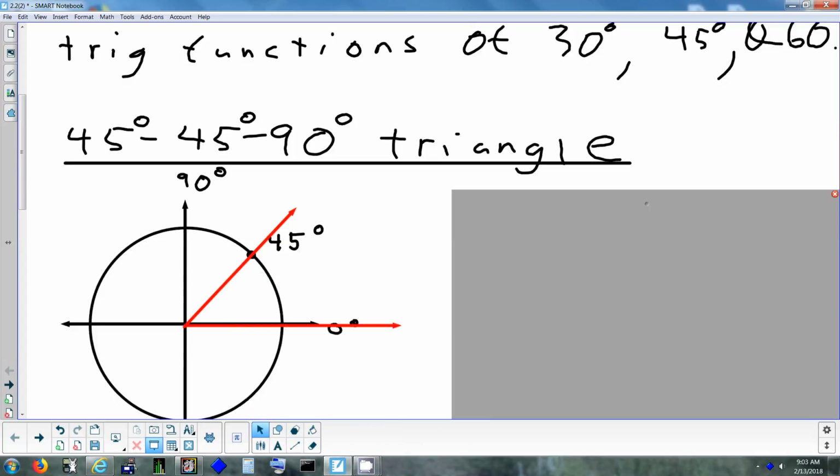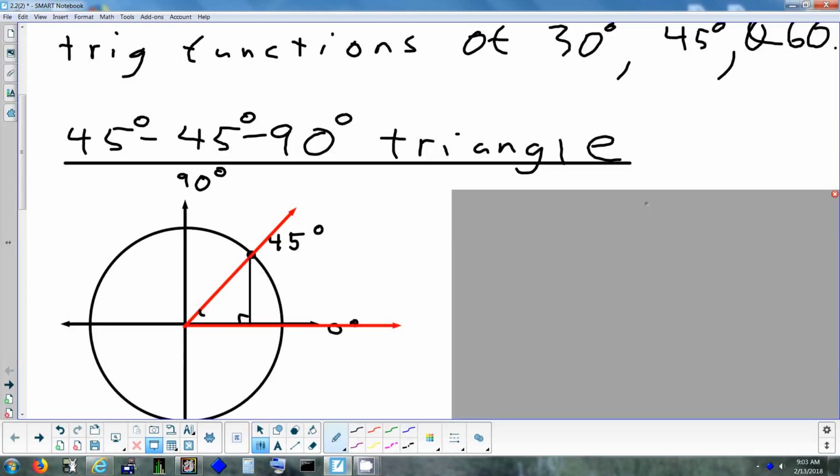Okay, what we're going to do is make a triangle out of that just by drawing a line straight down from that point to the x-axis. So just go like that. I know that's a 90 because I said I was drawing the line perpendicular to the x-axis.